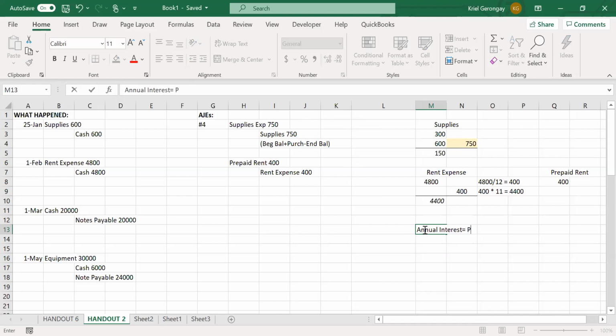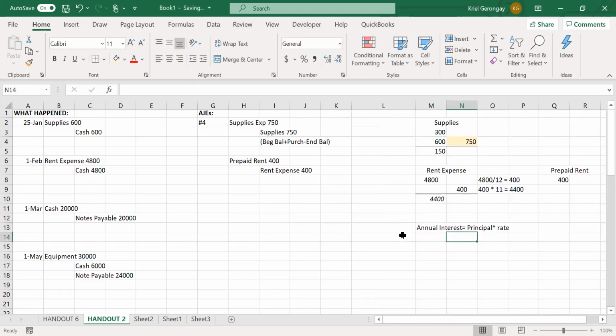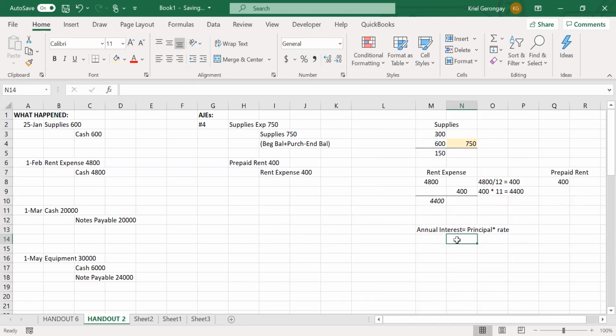Okay, computing the principal times rate. In this problem, our principal is 20,000 times 12%.